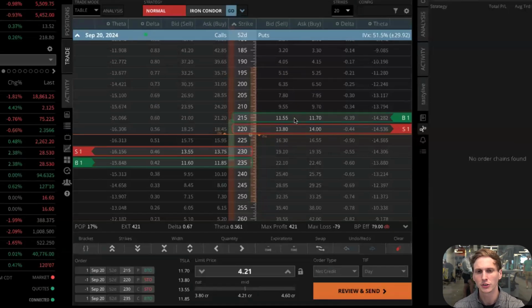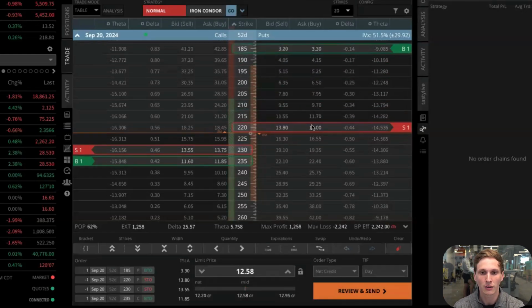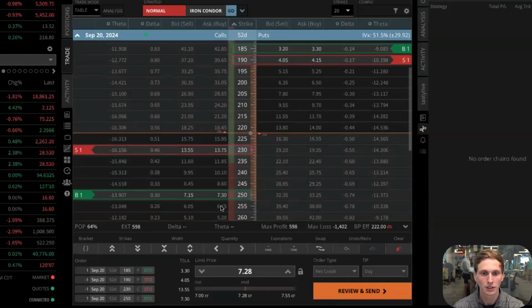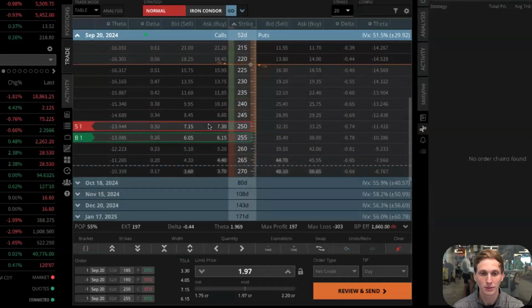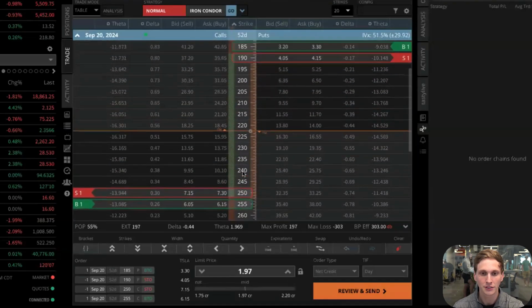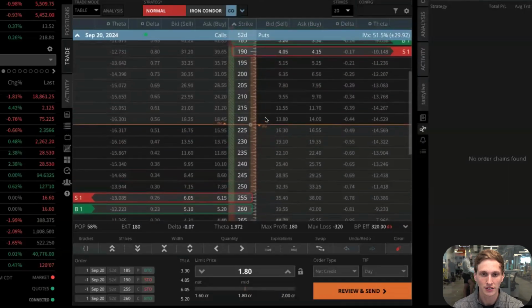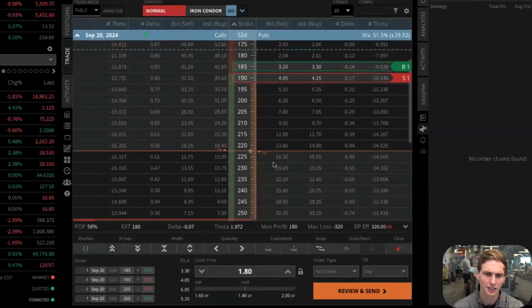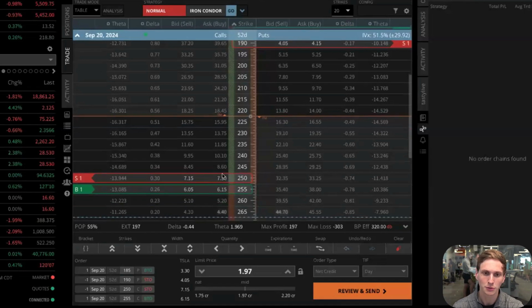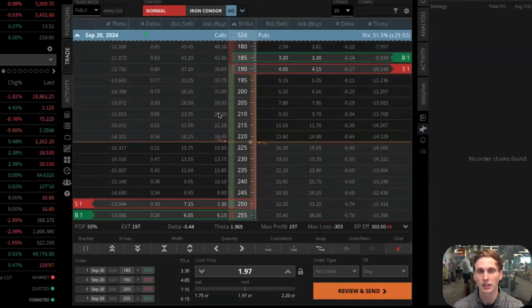So if I wanted to place this iron condor, which profits as long as Tesla trades within this range over the next 52 days, with time decay playing in our favor, we can drag our strikes up or down and line up that green and red zone to be right outside of our expected move, or I can drag the legs here to be right outside of that. And in this scenario, we would be profiting at expiration as long as it trades within that expected move range.